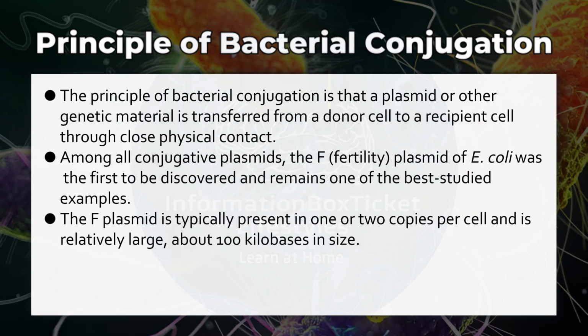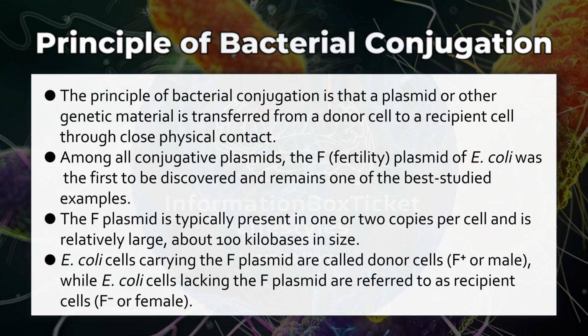The F plasmid is typically present in 1 or 2 copies per cell and is relatively large, about 100 kilobases in size. E. coli cells carrying the F plasmid are called donor cells, F+, or male, while Escherichia coli cells lacking the F plasmid are referred to as recipient cells, F-, or female.